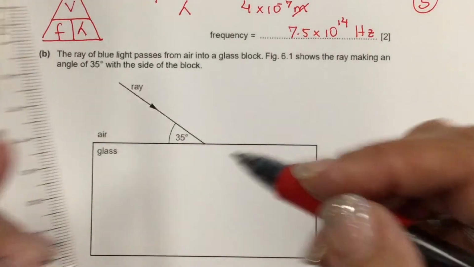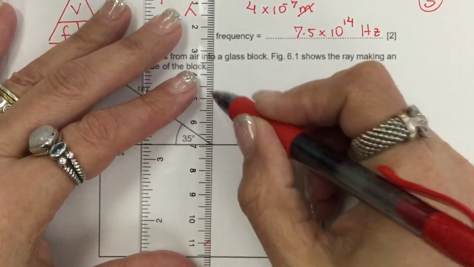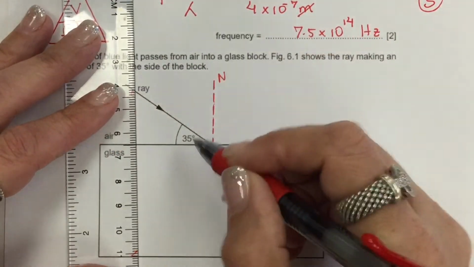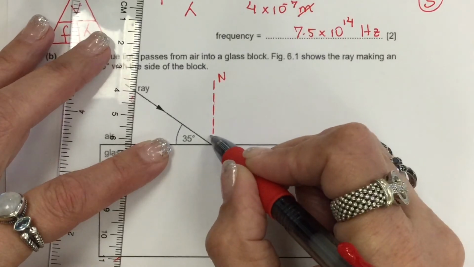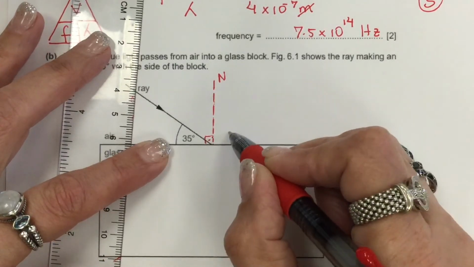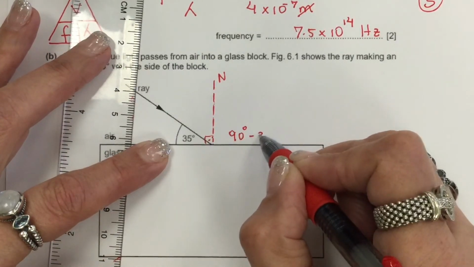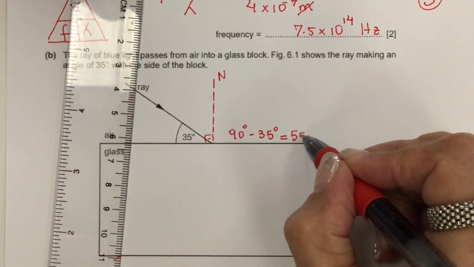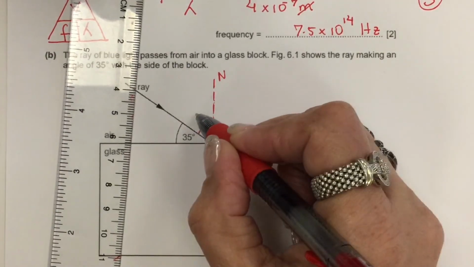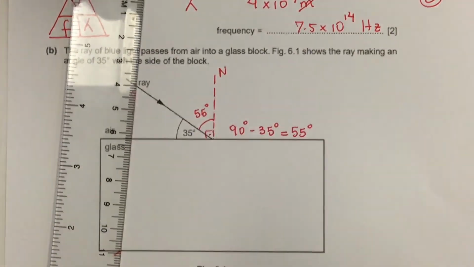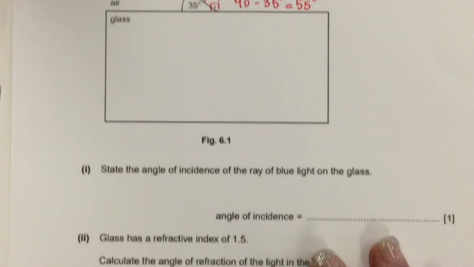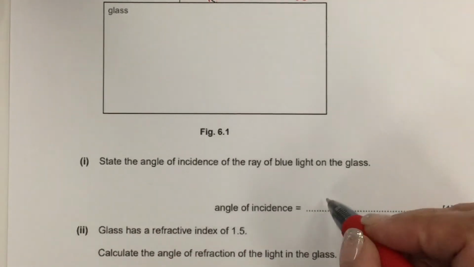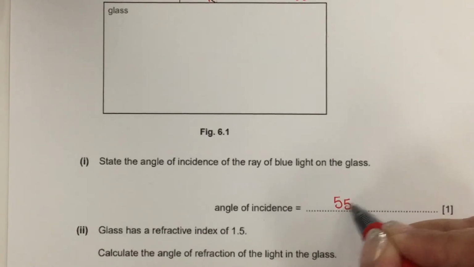The incident angle is the angle a light ray or any ray makes with the normal. So if this is 35, this is 90 degrees, so there will be 90 minus 35, which is 55 degrees. So this angle right here is 55 degrees, and that's the answer for I. So the angle of incidence is 55 degrees.